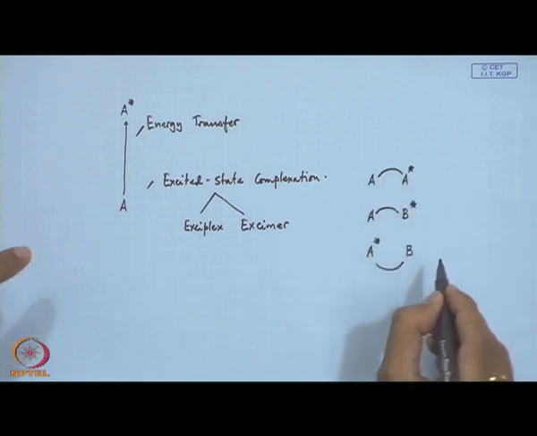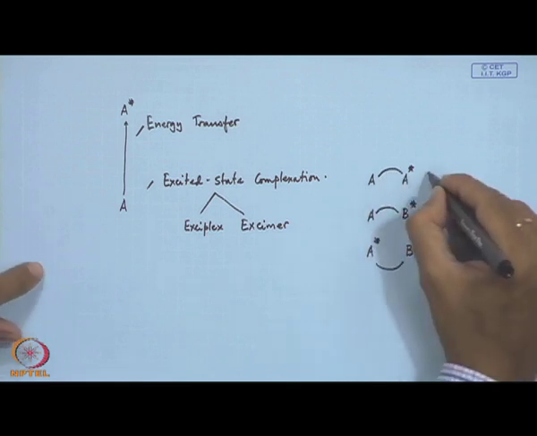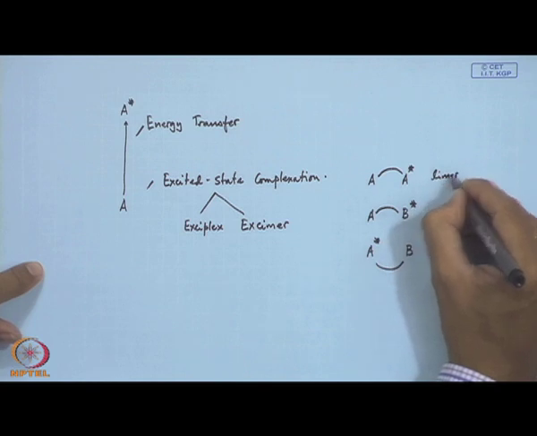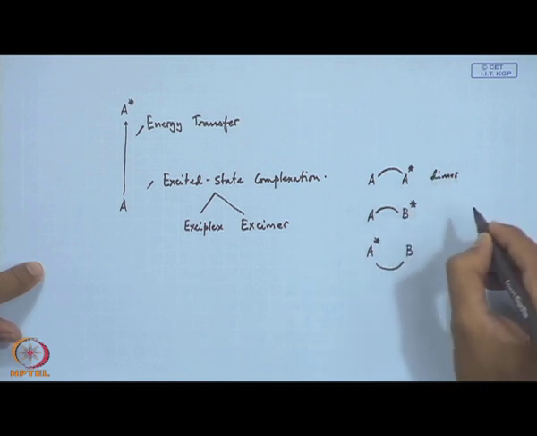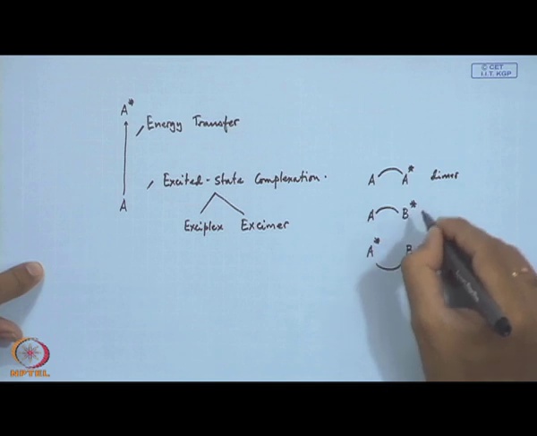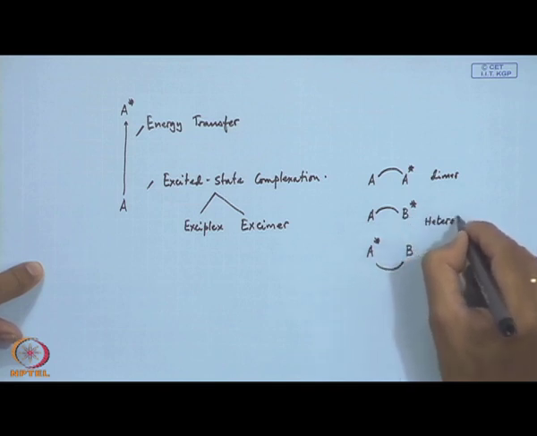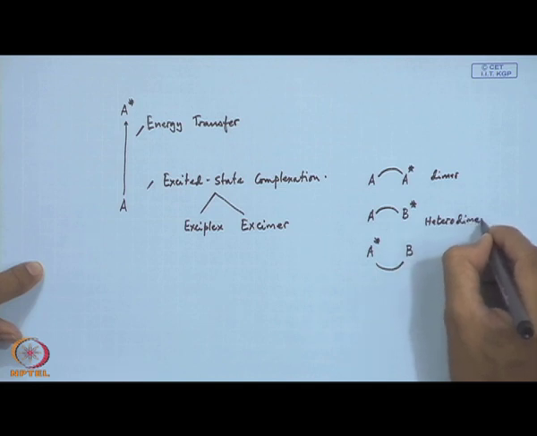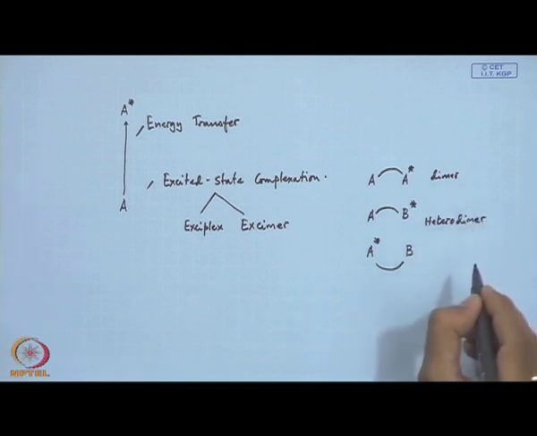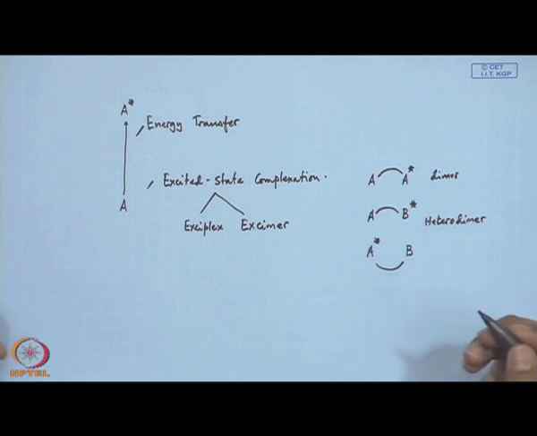Okay. So, minimum aggregate will be a dimer, or a heterodimer like this. Okay. So, these are the two possibilities.